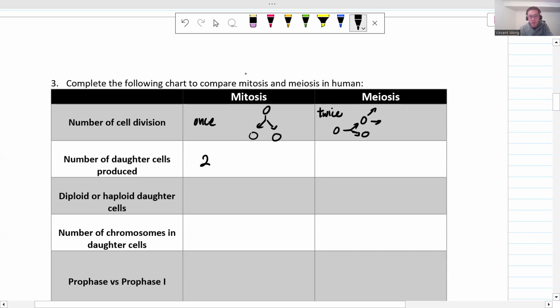And then each of these will split again. So how many daughter cells? 4. Yeah, 4. But I'm gonna put a star here. Okay? And I'm gonna just write a quick note. 4 for men, and then 1 for female, for women. Okay. I'll explain later.